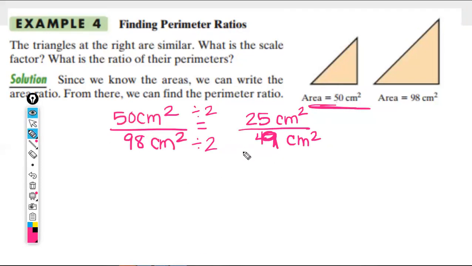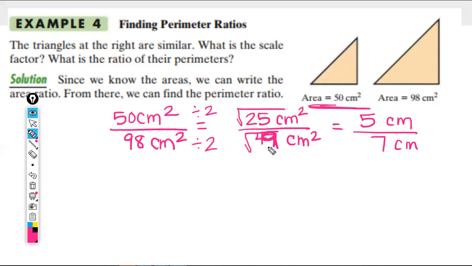So what I can do now is take the square root of those numbers, and that would give me a ratio of 5 centimeters to 7 centimeters. So we had to simplify first to be able to square root. So you might have to do that.